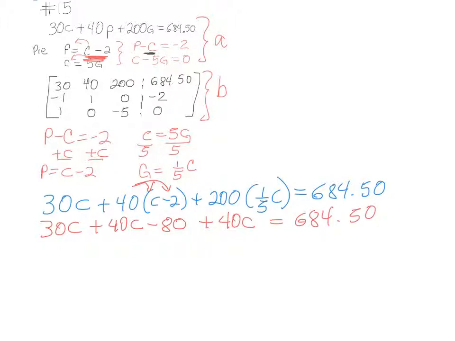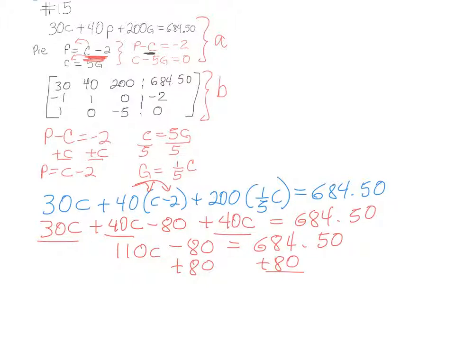Then we combine all the C's, so it's 30 plus 40 plus 40, that would be 110C, and then minus 80 equals 684.50. We add 80 to both sides.